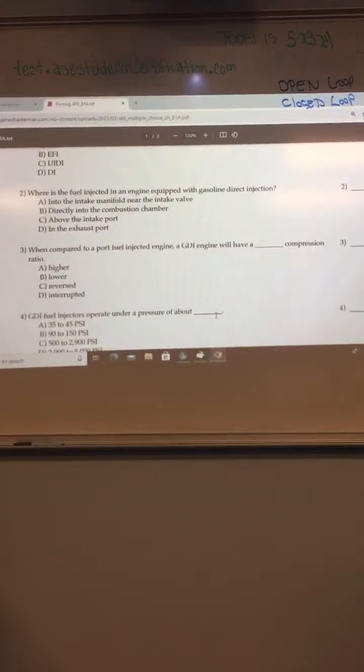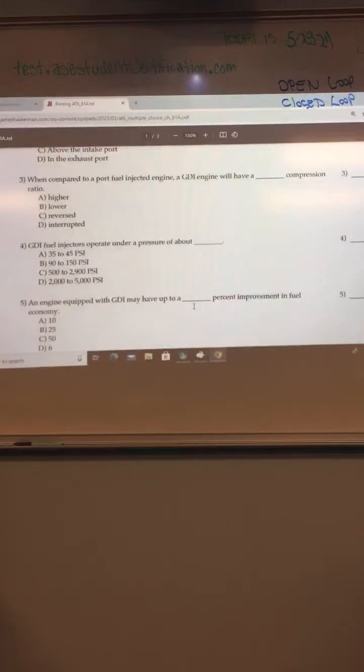Number 2. Where is the fuel injected in an engine equipped with gasoline direct injection? B. Directly into the combustion chamber. That is right. When compared to port fuel injection, a gasoline direct injection engine will have higher compression.